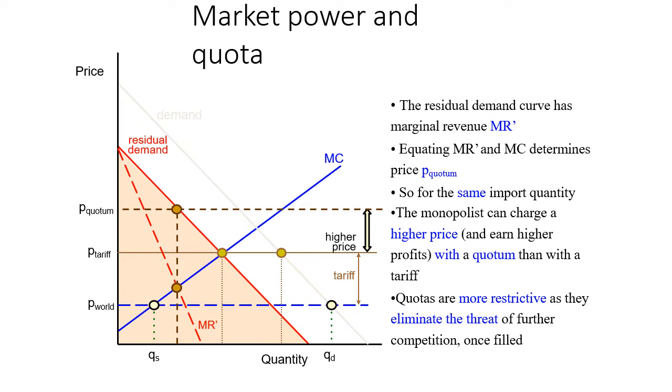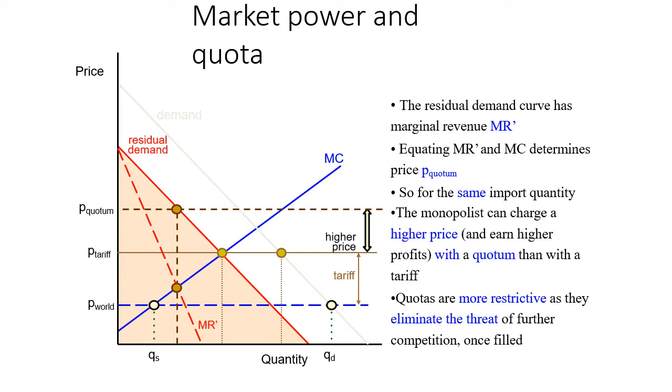But in your analysis, when you're trying to profit maximize or find the equilibrium condition for a monopoly under a quota, it is still the same. It's still where marginal revenue equals marginal cost, except that the marginal revenue you are considering is linked to your residual demand. So you take your residual demand, you find your marginal revenue curve, which is marginal revenue prime here, and you find the point where it crosses the marginal cost curve.